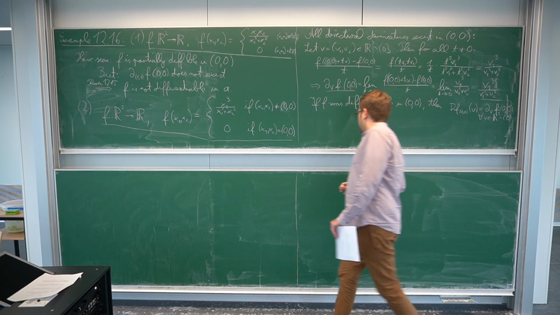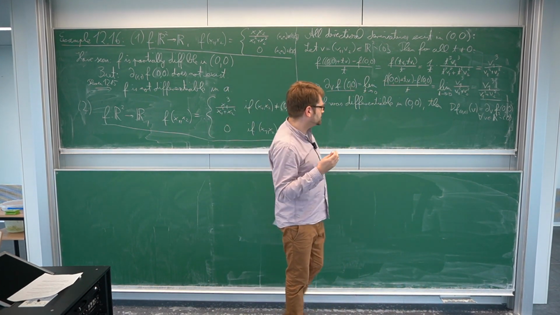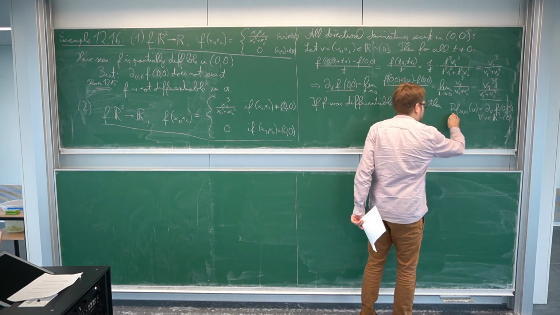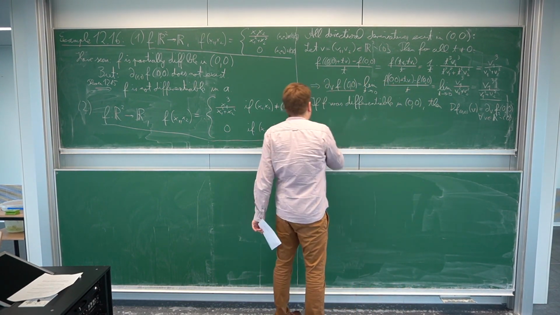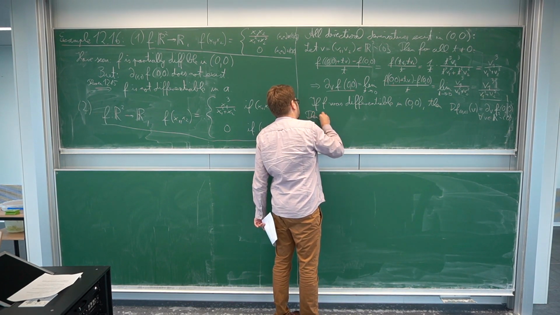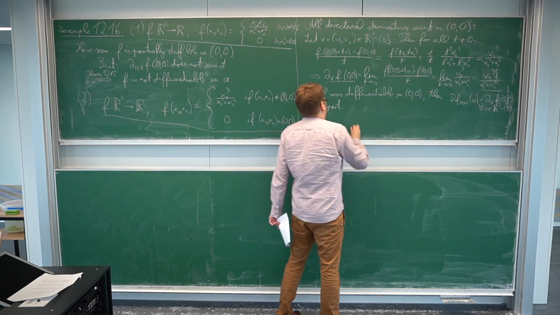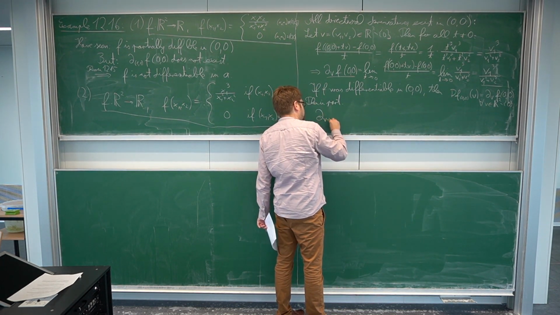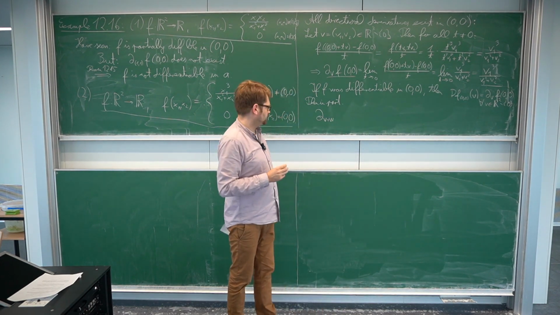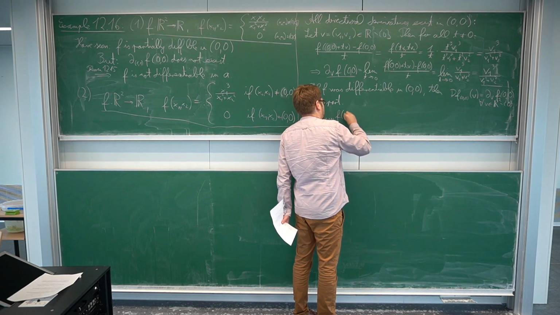But then we need to have a certain property, namely, it's not enough that it exists, but we know that this map here, df (0,0), is a linear map. So what does this mean for directional derivatives? Then, in particular, we make the following observation. Let's take the directional derivative of v plus w for some vectors v and w at (0,0).